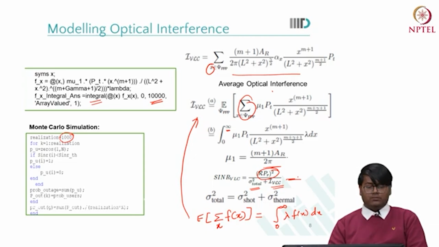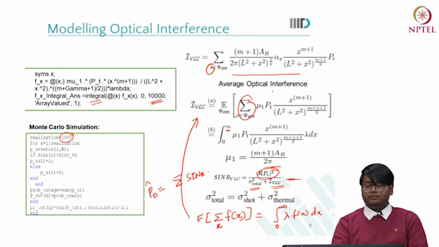This is how we compute the outage probability. So, in order to calculate the outage probability, we need to count the number of times the SINR is less than some SINR threshold, let us say beta.